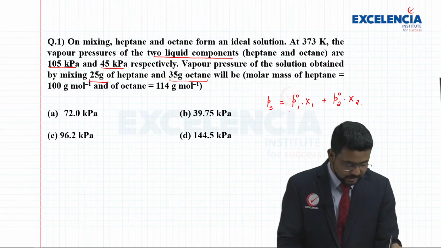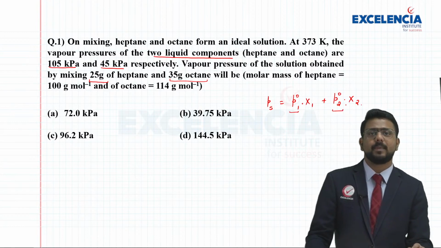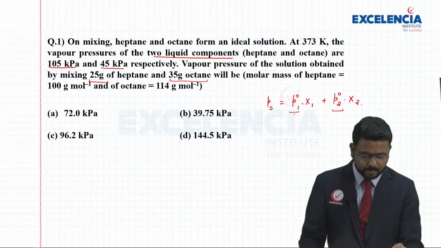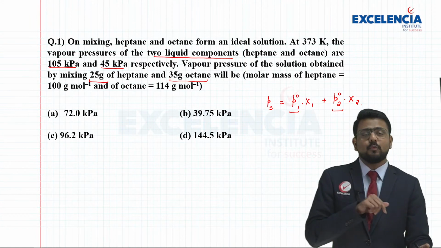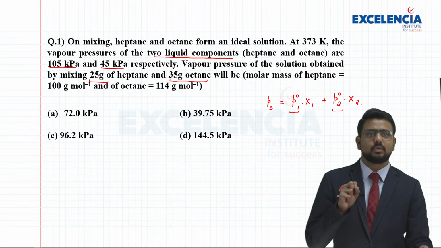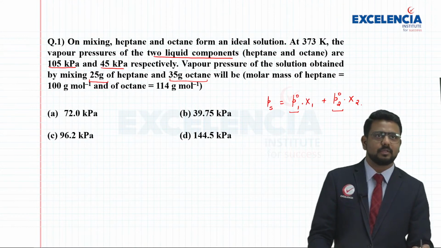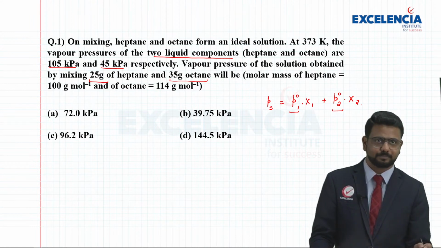Now you have been given P1⁰ and P2⁰, of course, because they are the vapor pressures in their pure state, and X1 and X2 we can definitely find. Once we plug in the values for the mole fractions as well as the vapor pressures, you will be able to get the answer.